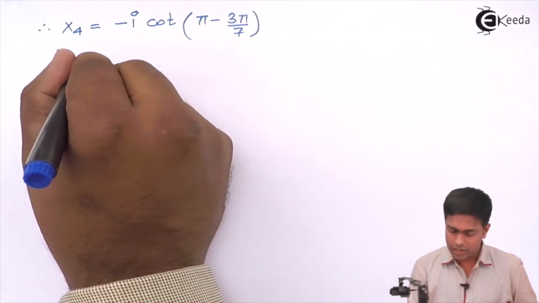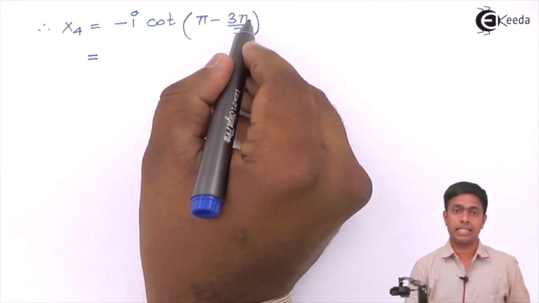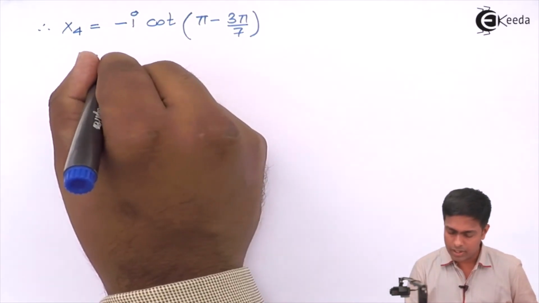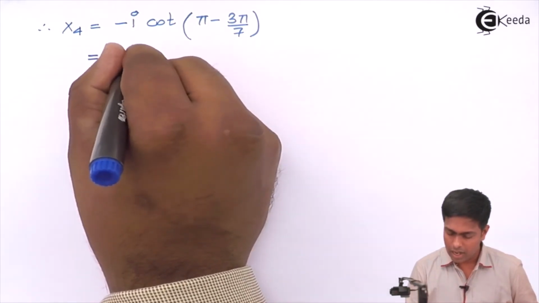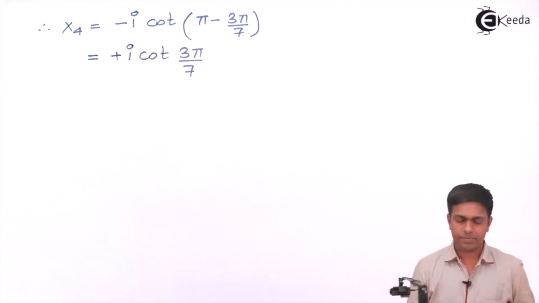So let's find out its value. Cot of pi minus theta is minus cot theta. So that will become positive i cot of 3 pi by 7.